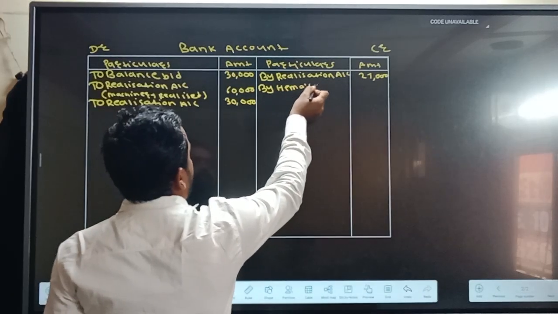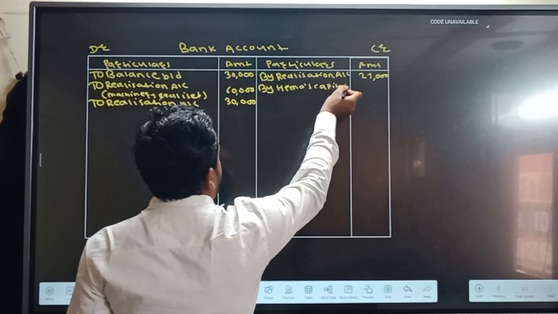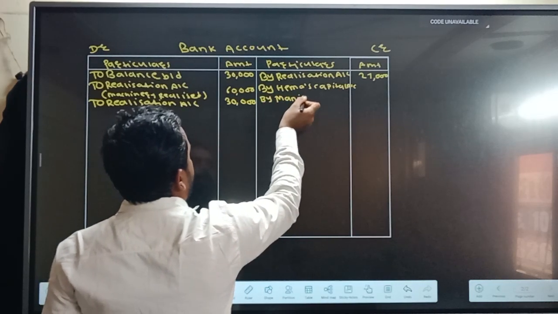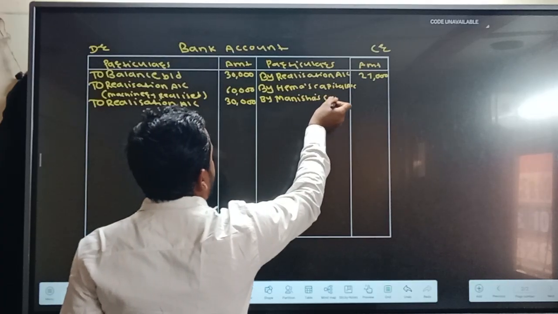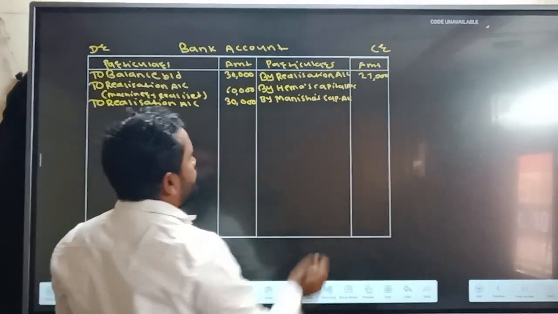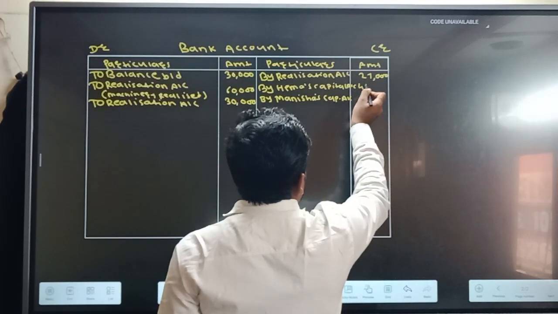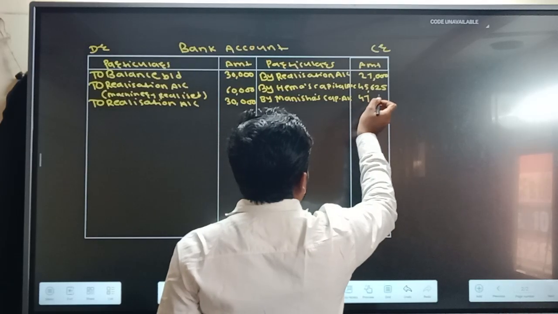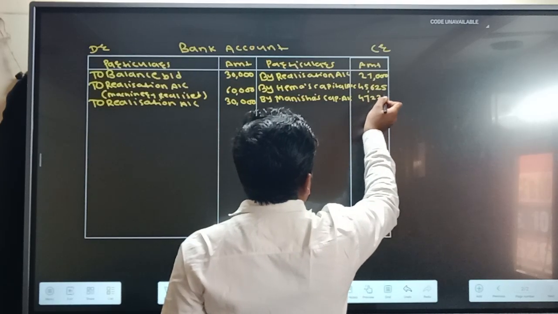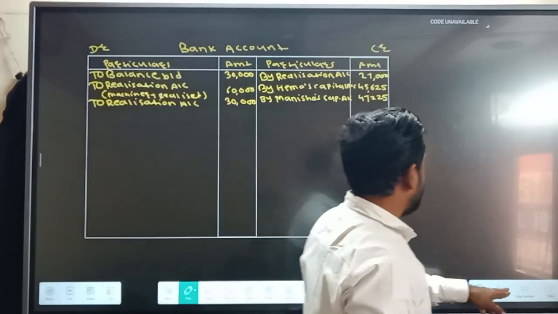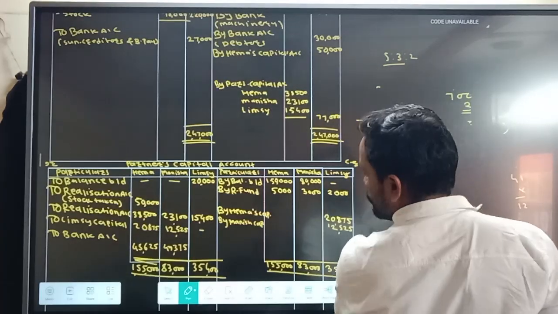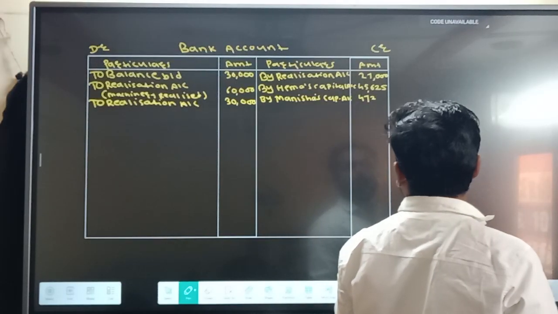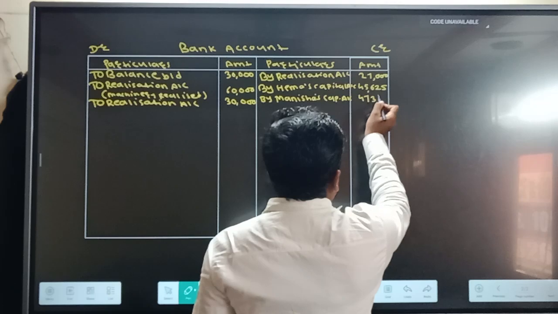Write it: by Hema's capital account and by Manisha's capital account. How much amount? 45,625 and 47,375.